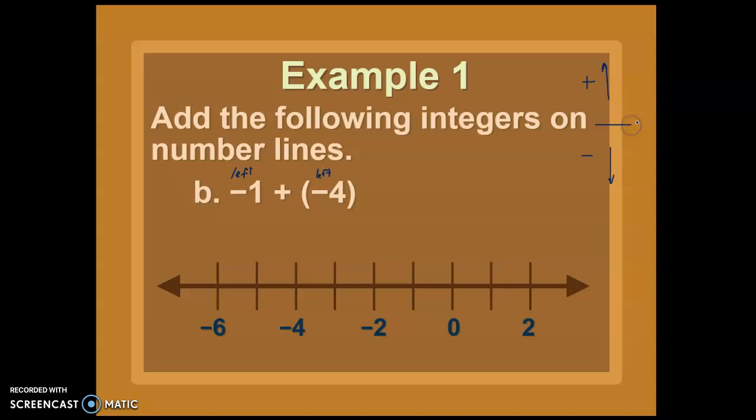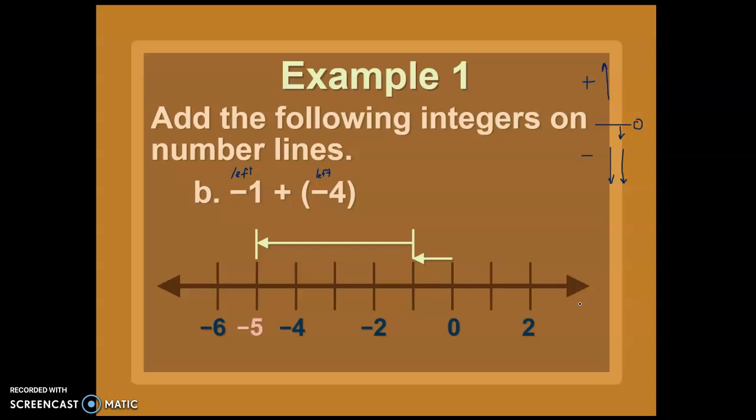So in this case, if this were 0 on our vertical number line, we would go down 1 and then down 4 more to find out what number we get when we combine those. But let's take a look at our horizontal number line here, and we'll go left 1 and left 4 more. And when we've done that, we've ended at -5.